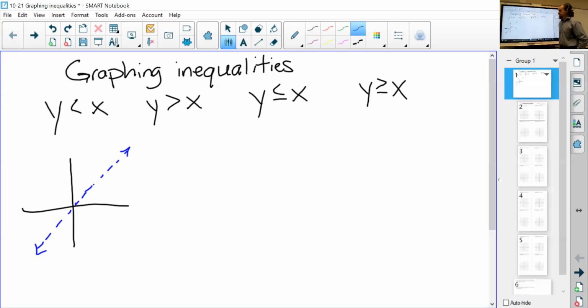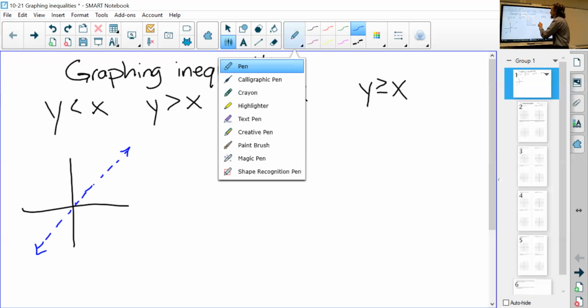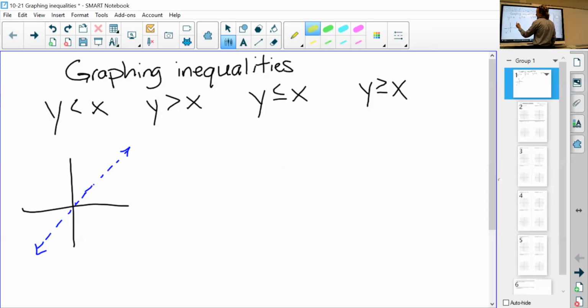Okay, so it shows that this is still the key point here, but it doesn't actually include any values on that line. But what it does include, since we're saying y is less than x, is every point underneath the line. So after we graph this, if you have a highlighter, you can do something like that there.